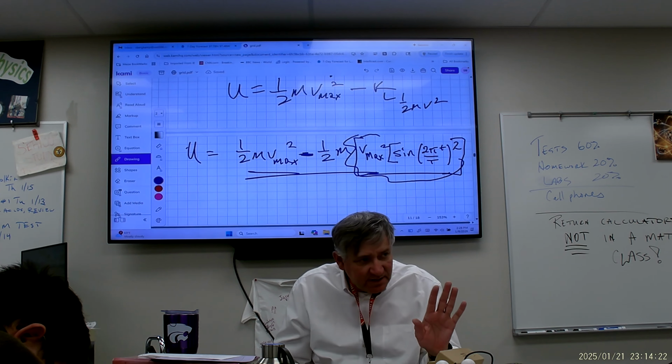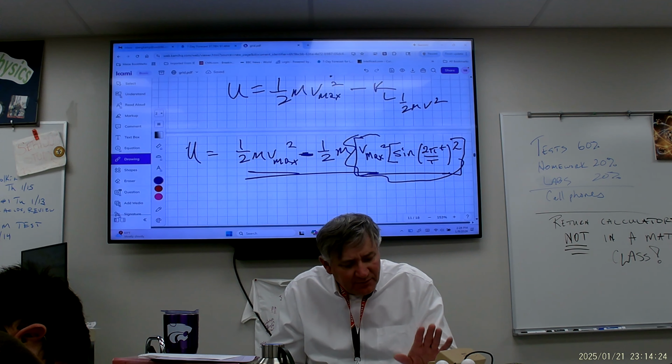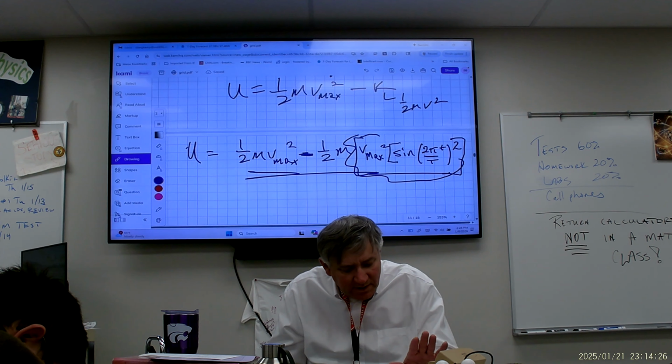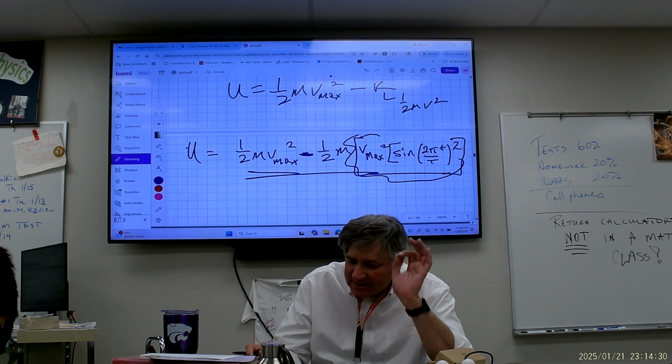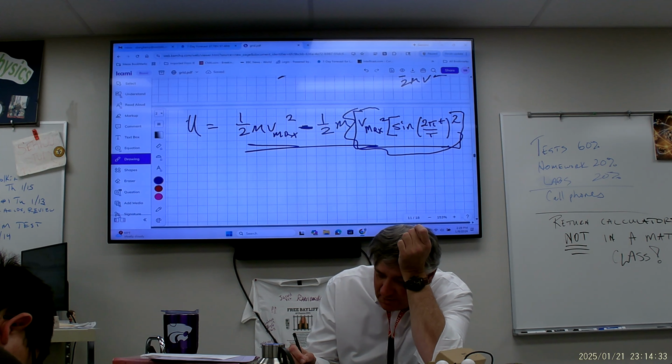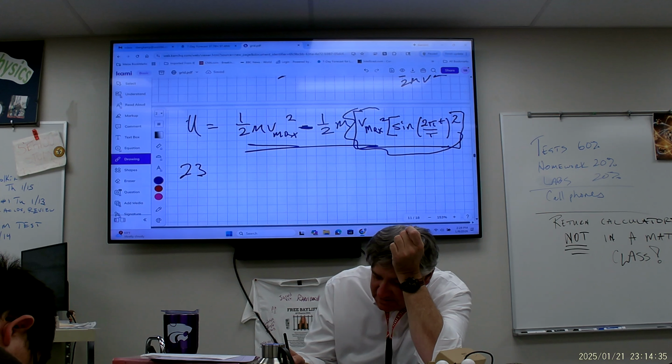What you're after is 23. On 23, it says substitute the equation from 22 into equation 21 above and factor out any like terms. So what you're after on number 23 is this.